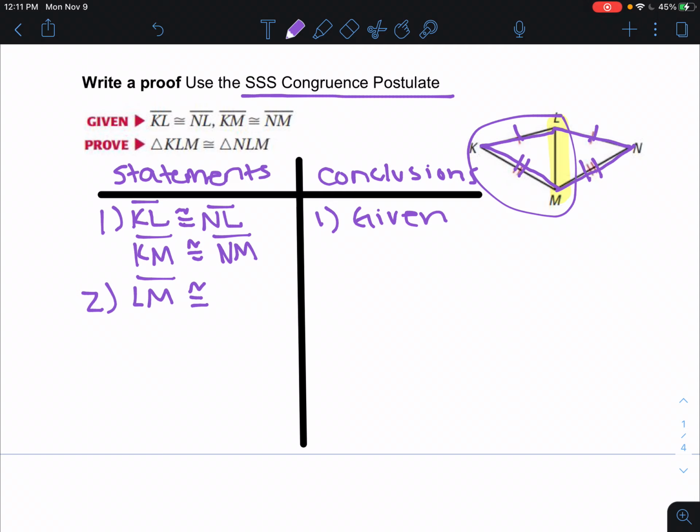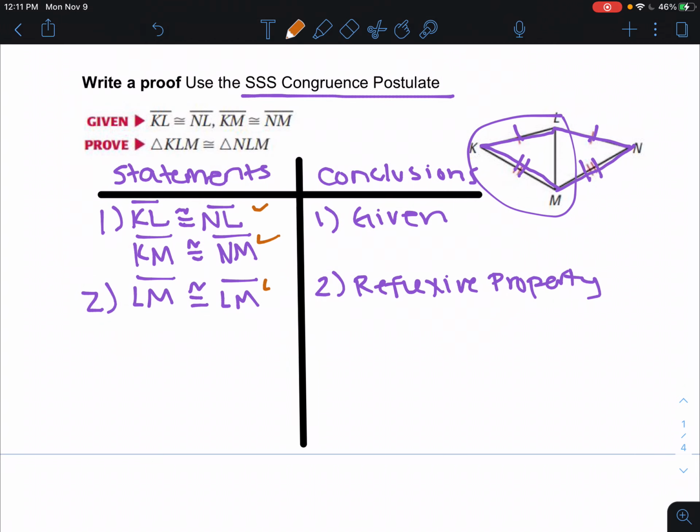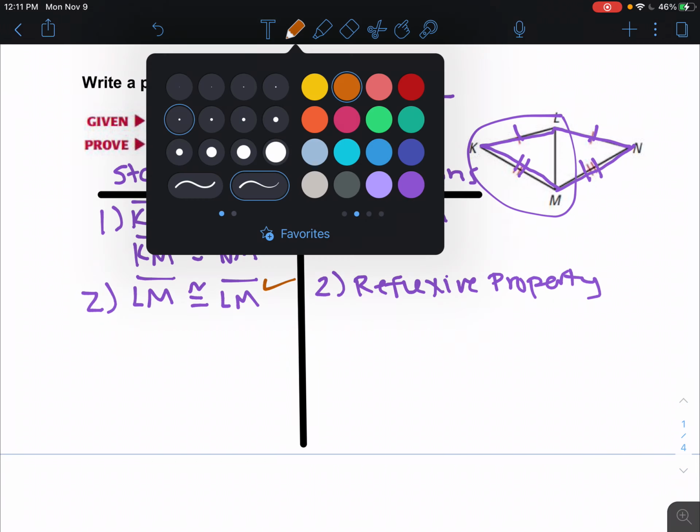So we can say that that triangle also has a side length, LM. Doesn't matter that it's the same. That's what we're looking for. So since both of them have that side length LM, we can just say that it equals itself. And what's the property that says that something equals itself? That's the reflexive property. It seems silly, but we have to state it. That way we can get 1, 2, 3 sets of congruent corresponding sides.